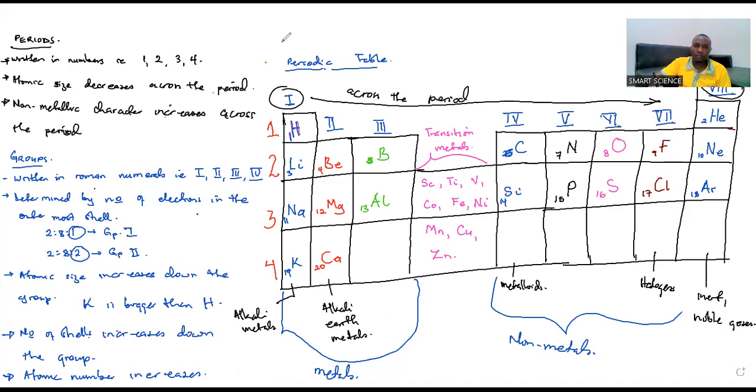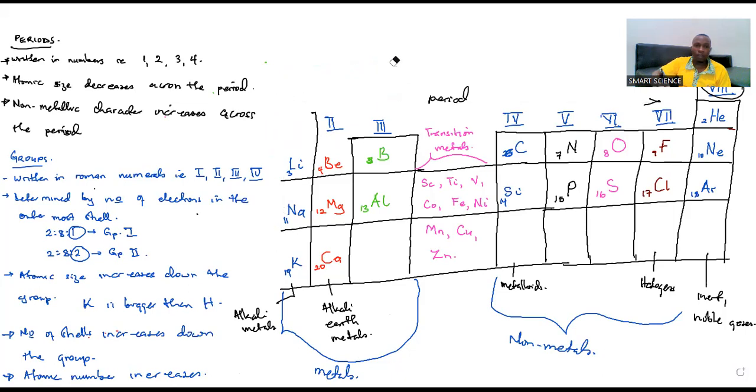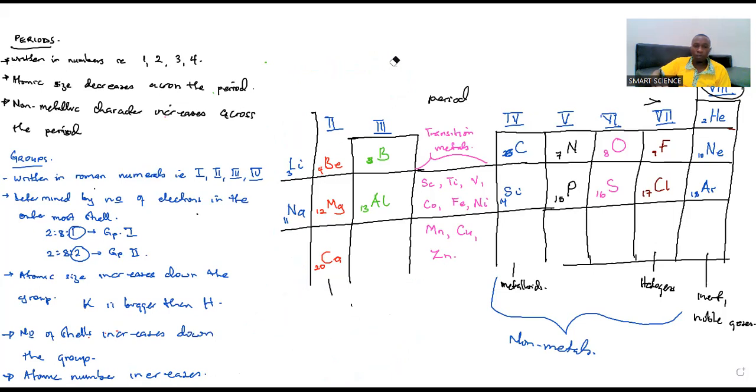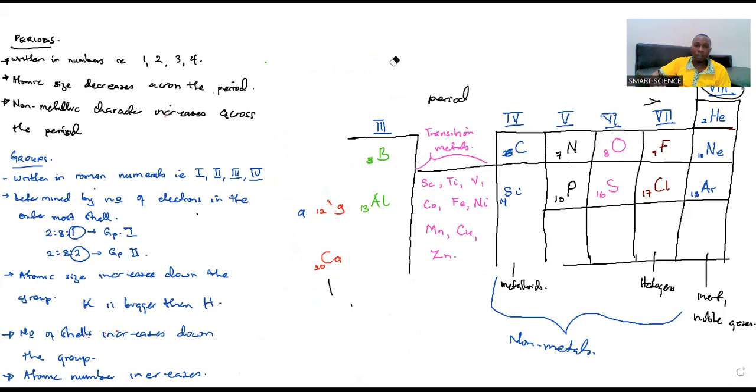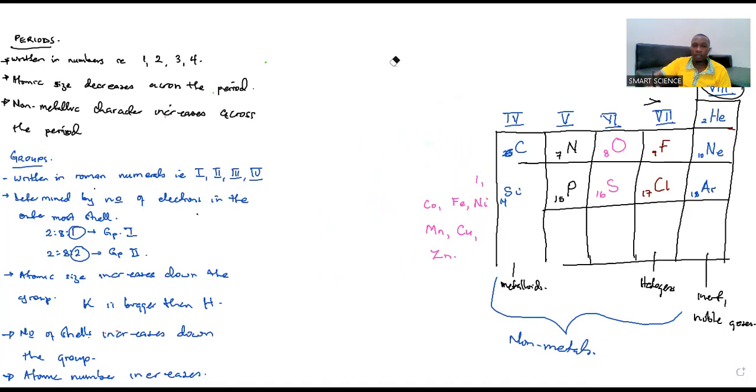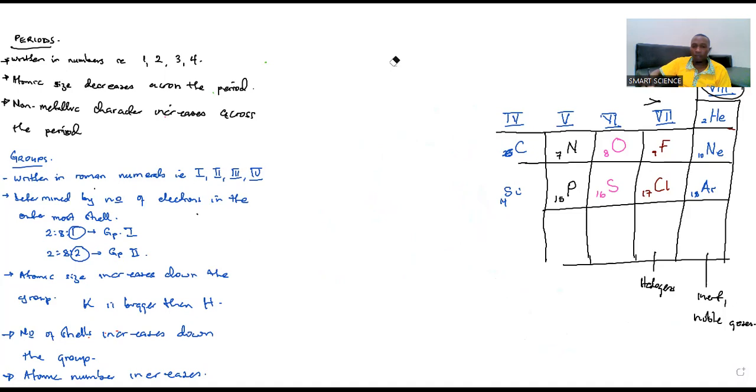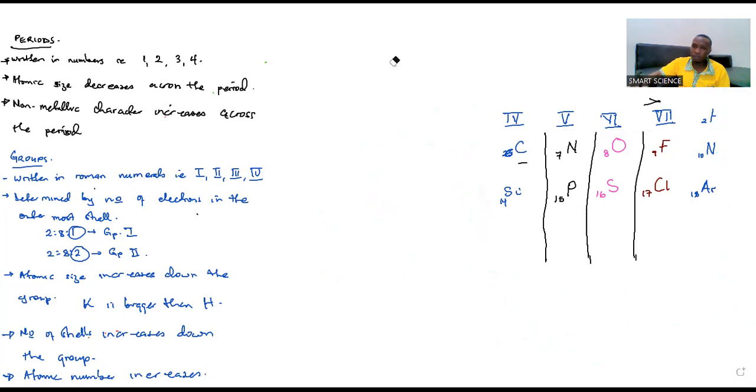When we enter the individual groups themselves, you will find out that if we classify an element in a particular group, those elements will be having similar characteristics, similar chemical properties, because they are under the same group in the periodic table.